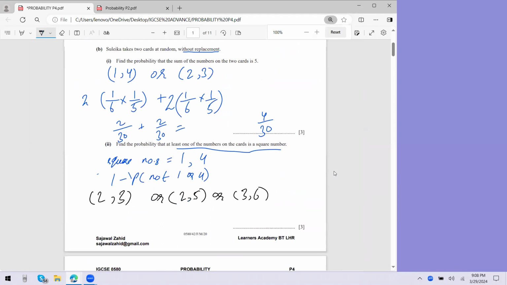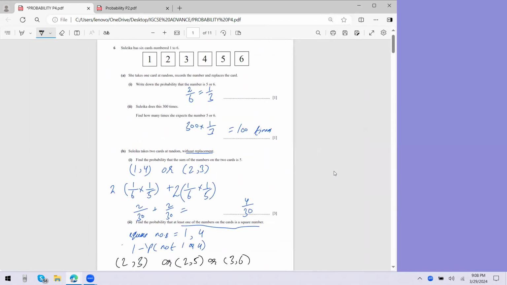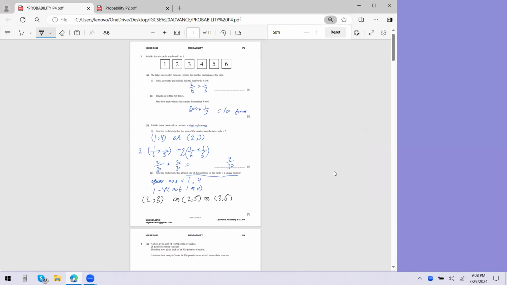Is there any other combination excluding 1 and 4? We didn't consider 5 and 6. So there is another one, 5 and 6. Okay, 4 combinations. Correct?